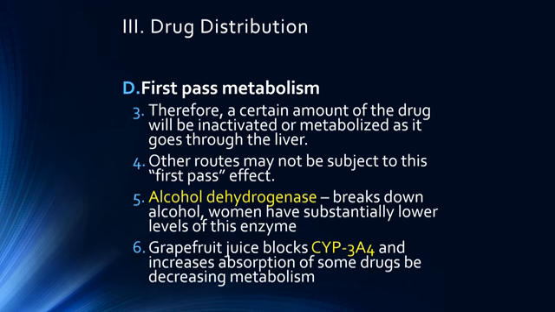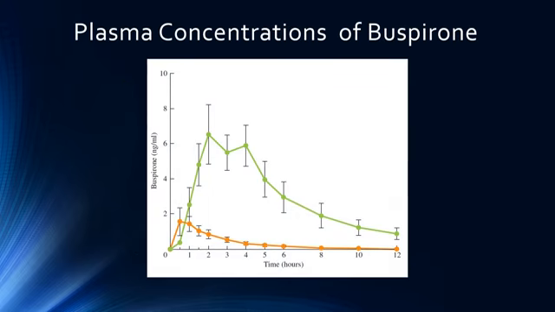So, for example, Buspirone, which is marketed under the name Buspar, has relatively normal metabolism and metabolizes out very quickly. In the presence of grapefruit juice, however, there is much higher levels of absorption and much longer presence in blood.